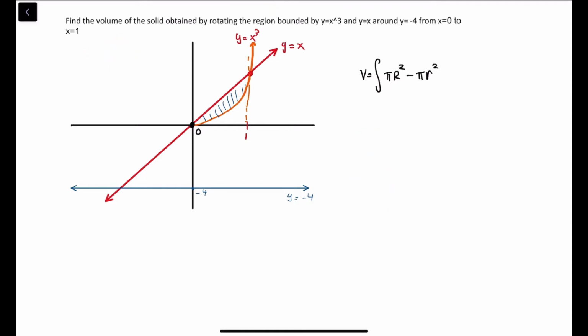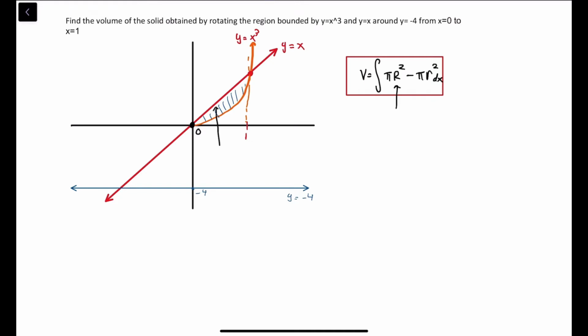So now that we have our graph sketched and we know the point of intersection, now we can just use this formula right here. So recall that the volume is the integral of pi R squared minus pi r squared, and then don't forget the dx right here. So what exactly is r? So r is the distance between the line of rotation to the curve.